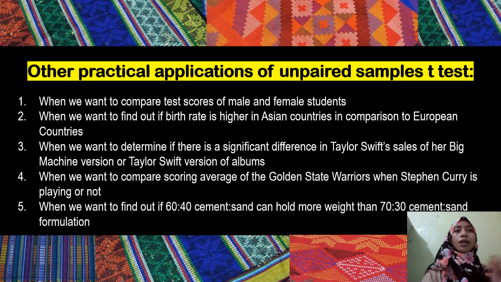And then when we want to find out if the 60:40 cement to sand ratio can hold more weight than the 70:30 cement to sand formulation. So those are practical applications of unpaired samples t-test.